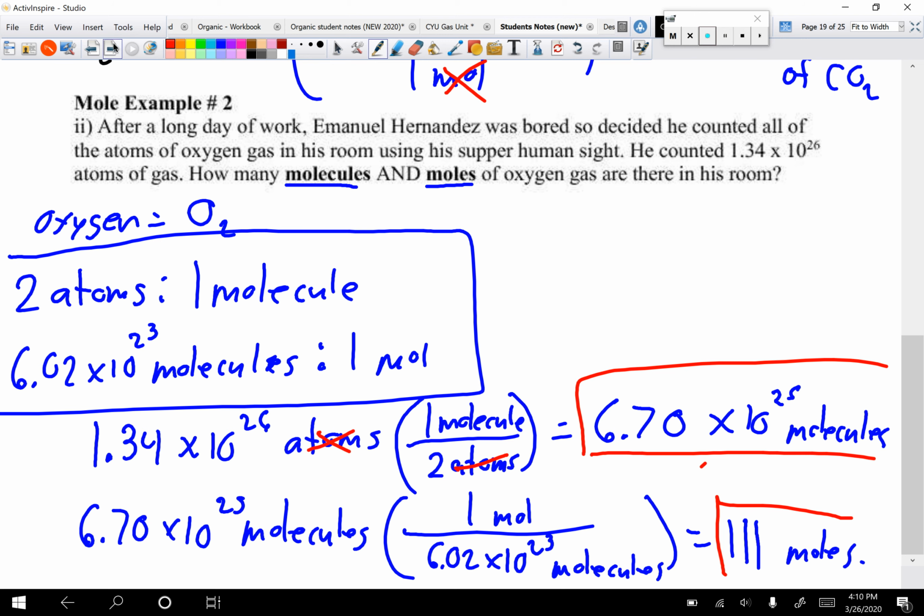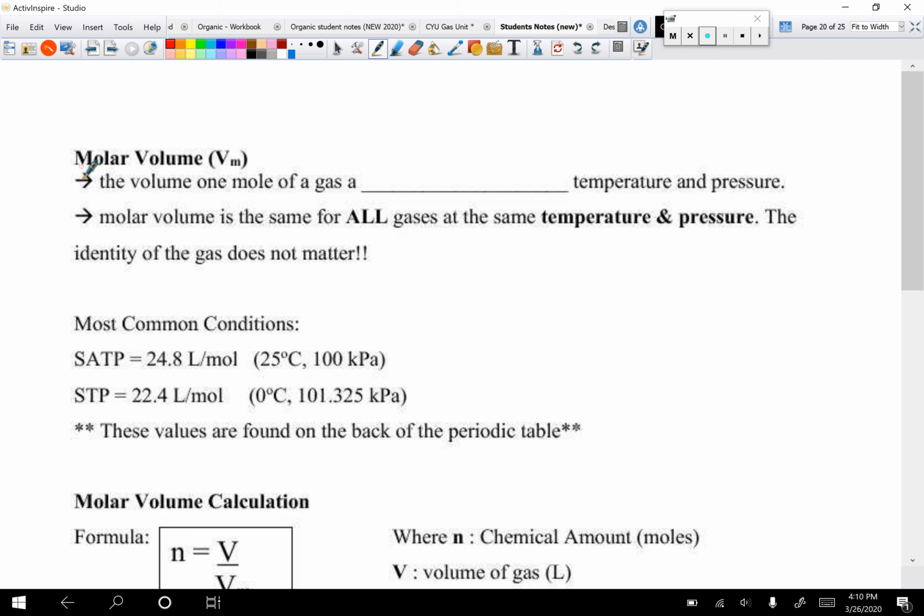Now, this whole idea ties into what is known as the molar volume, because as Avogadro stated, if we have equal temperature and pressure, then every sample should have the exact same number of moles.